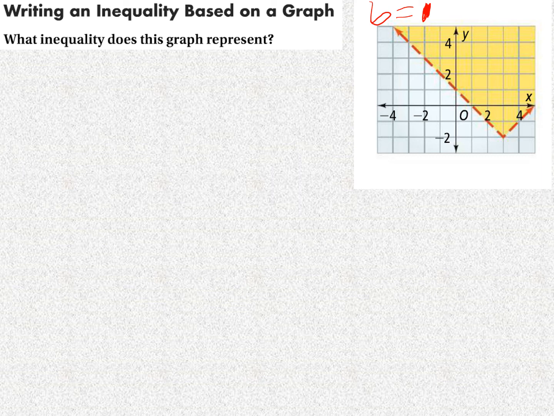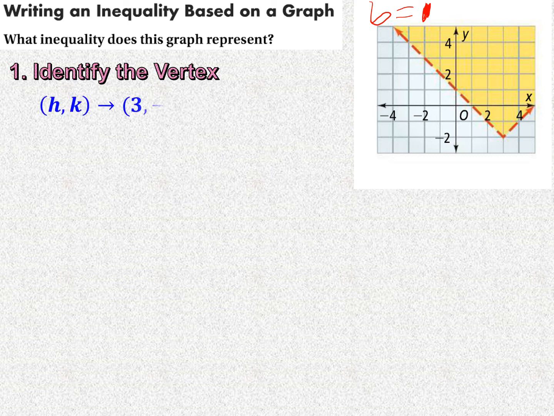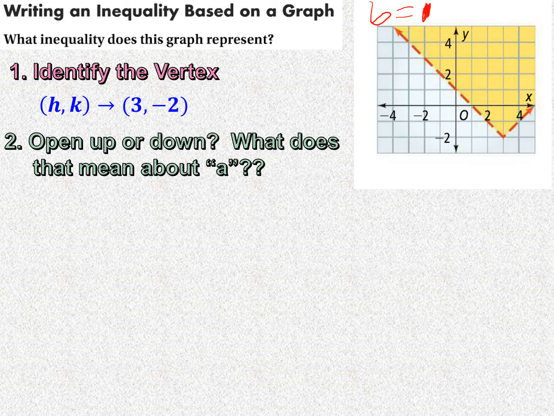Now, the first thing we want to do is identify that vertex. So the vertex is the h and the k. I look at this graph and I say my vertex is at 3, -2. So that's going to be my h and k value. The next thing I want to know is, does it open up or down? Well, it opens up. So what does that mean about a?